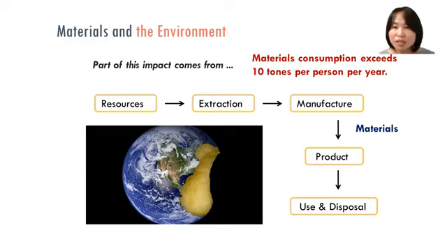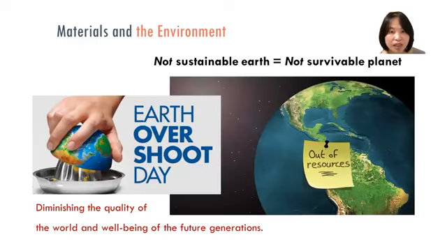So this is the load that everybody contributes to this one planet Earth. And if we continue our way without conscious thought, we don't think about it, we continue doing the same more and more. Yes, we overuse the earth. We're diminishing the quality of the world and the well-being of ourselves.